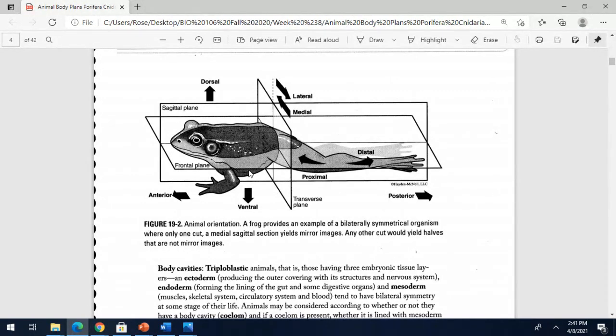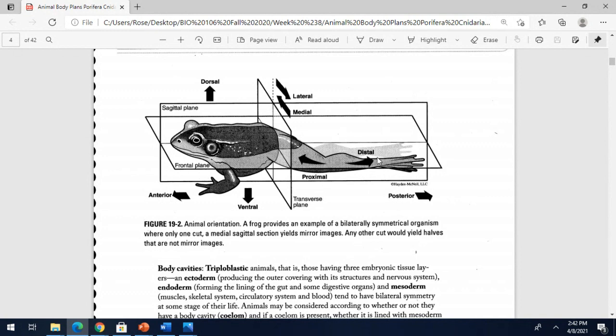The belly side of this frog is the ventral side, so you need to know the orientation of your organism. The frontal part is called the anterior. The back part is called the posterior. And the lateral and medial is in the middle, when you cut down the middle, so medial. Dorsal is on top, and the ventral is the belly side.